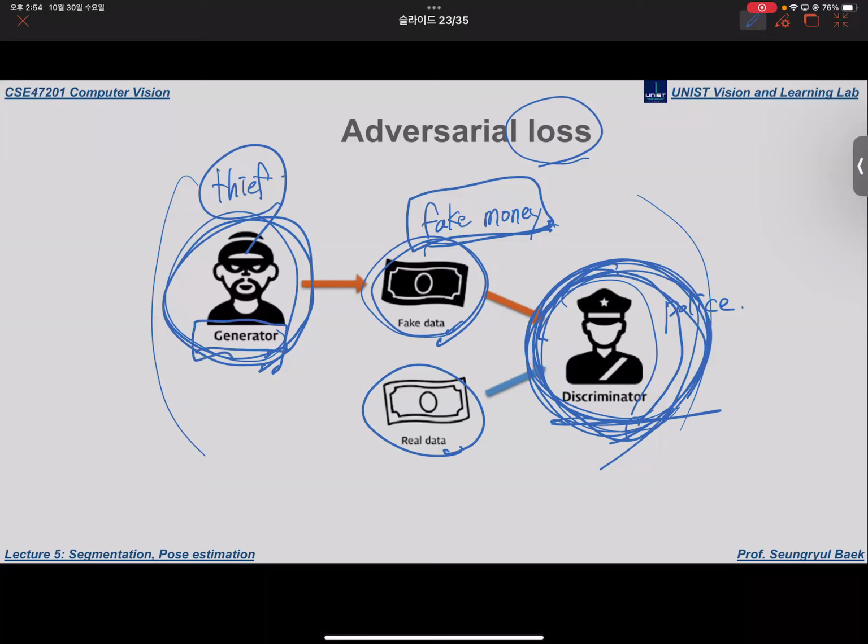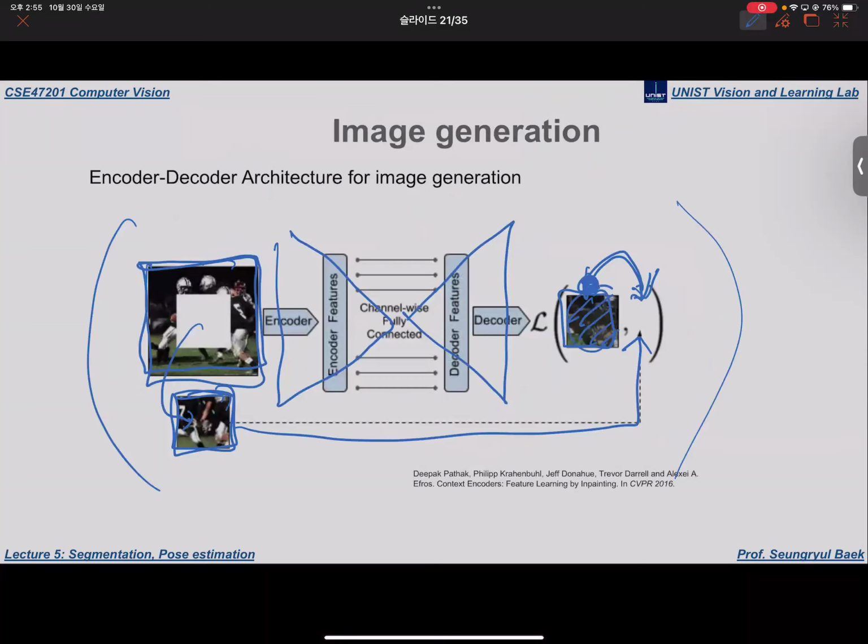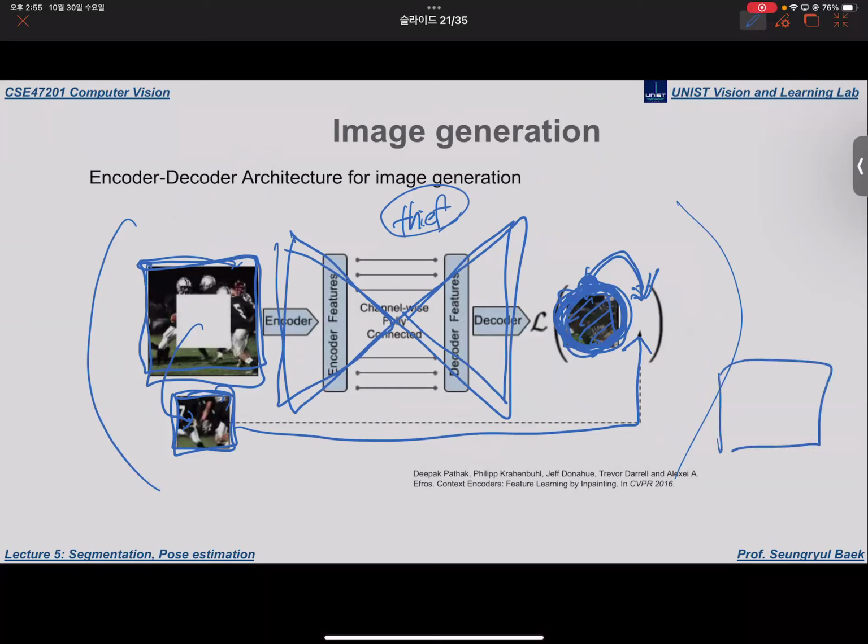We will define the generator network that can generate some new data. In our case, we will generate new images. So this architecture becomes the thief. We will generate some fake money, and there is another network that can discriminate ours as fake and the real data as real.